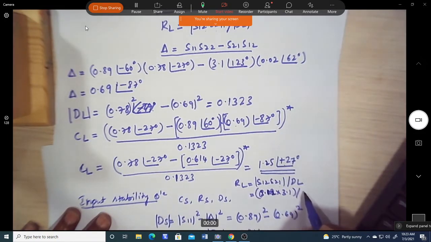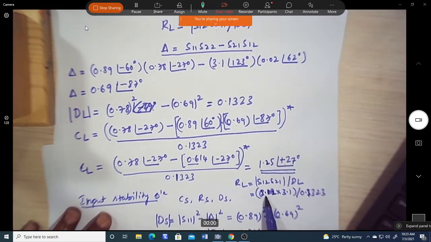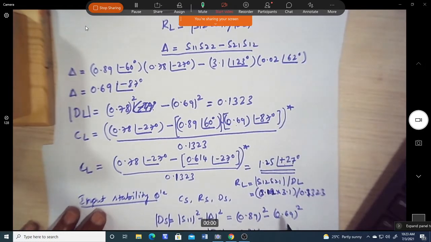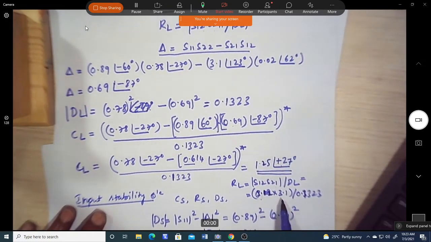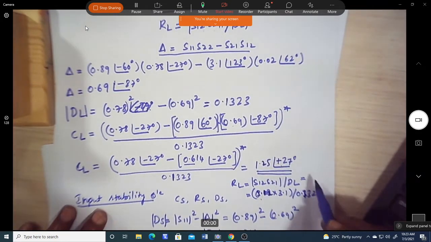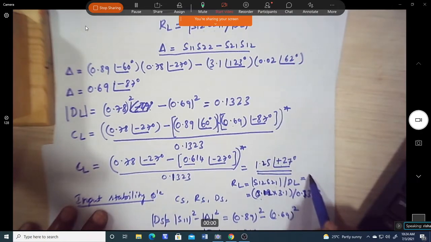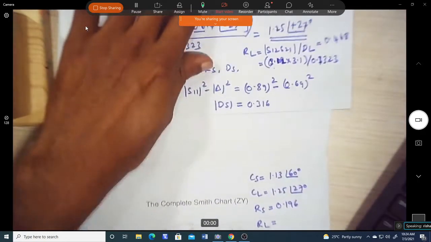The DL value is 0.1323. So 0.02 into 3.1 divided by 0.1323. What is the value? 0.4686. Okay, that is what we needed here.